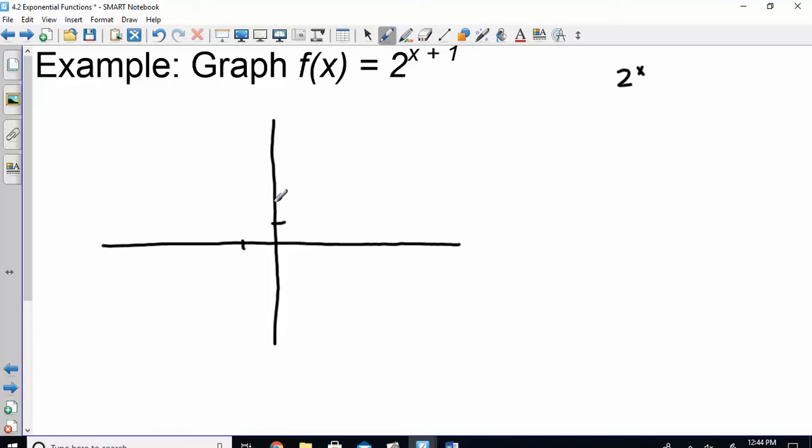So we can just think about if I put in a -1, 2 to the -1 is 1/2. If I put in a 0, 2 to the 0 is 1. If I put in a 1, 2 to the first is 2. So there are my 3 starting points.